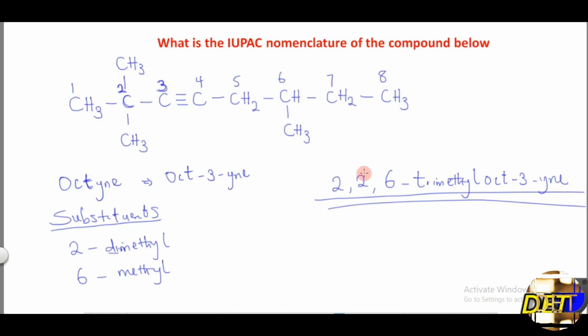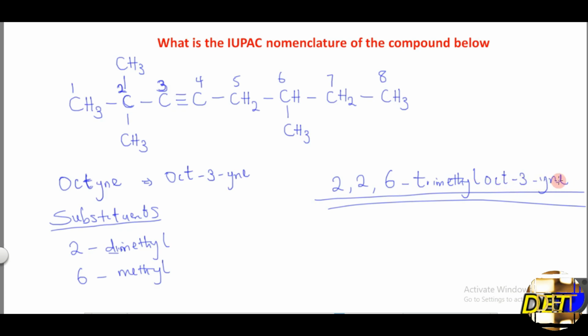The 2,2,6-trimethyl tells you that there are 3 methyl groups attached to this compound, right? 2,2,6 means that there is one methyl group at position 2, another methyl group at position 2, then another methyl group at position 6, right? So that's the 2,2,6-trimethyloct-3-yne.